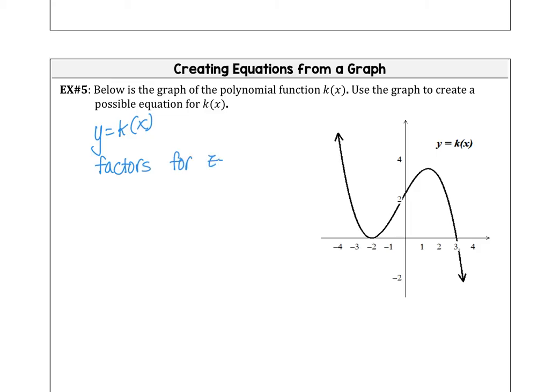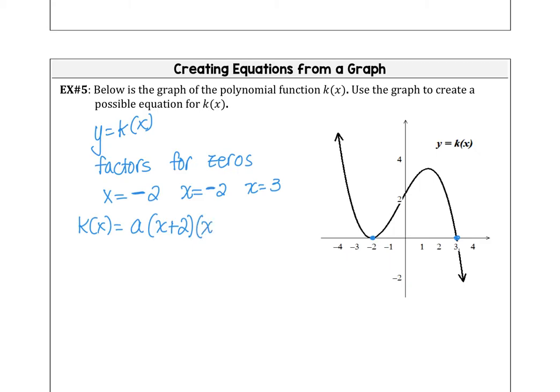And where do those zeros occur? One is at -2, but it's even multiplicity, so we need another factor. And then we have an odd multiplicity at +3. So what would happen is we would have a leading coefficient, and if we add 2 to that x, then our factor is x plus 2.